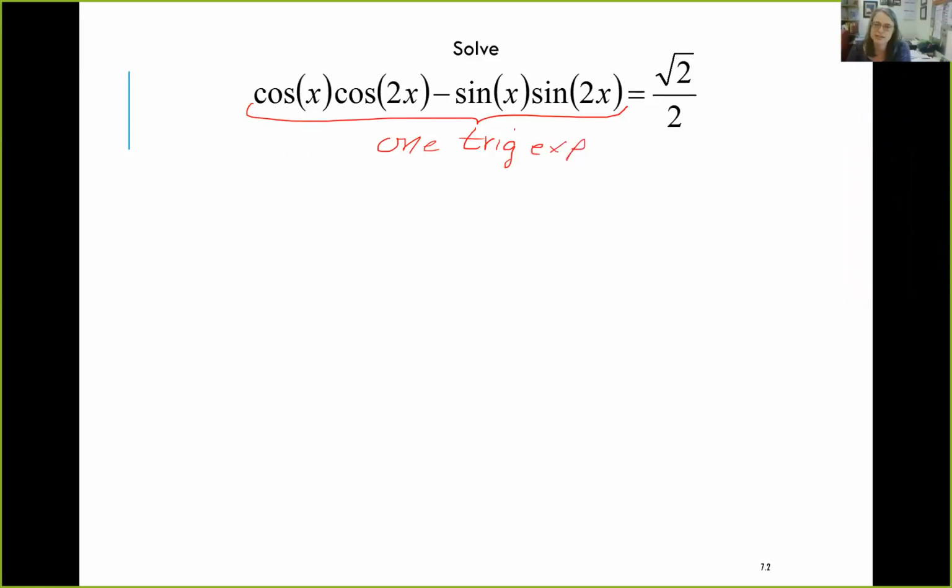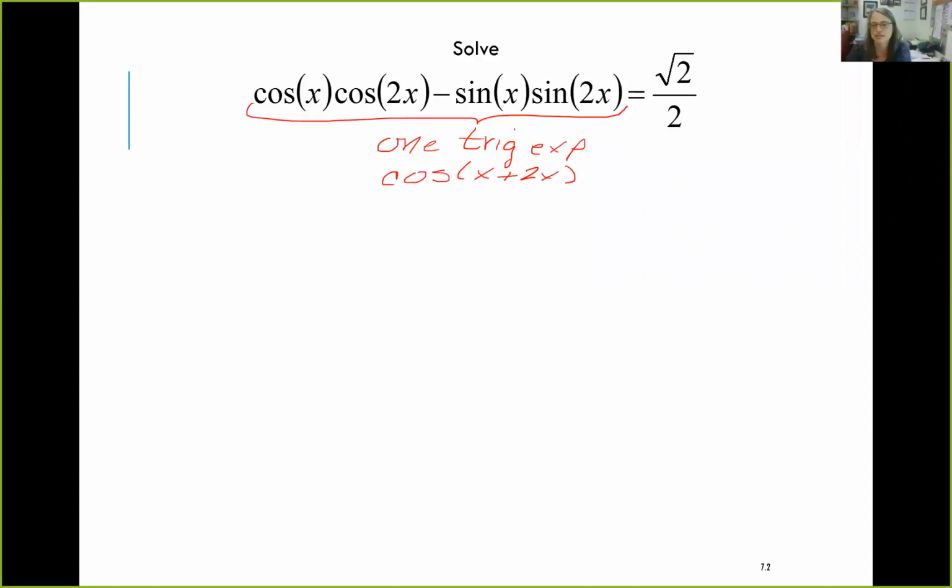Do you recognize it? Well, let's see. I've got a cosine and a cosine and a sine and a sine and a minus in between. That kind of looks like it might be the sum angle for the cosine. Let's look that up. Sure enough, it turns out that this is the same thing as the cosine of x plus 2x.